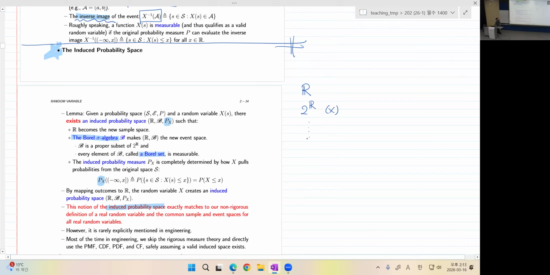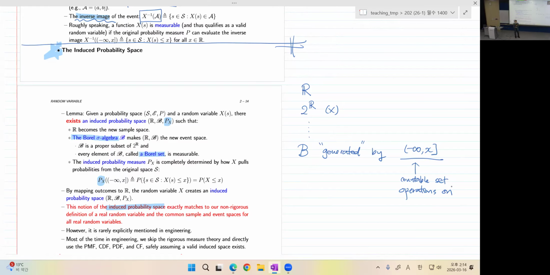And then we may construct a lot of sigma algebras, but what is important is that we want to have a single very, very useful sigma algebra that is generated by very simple sets. And the Borel sigma algebra is interestingly generated by, again, this term is very measure theoretic, but anyway, this type of intervals, which means that by applying countable set operations on possibly countably infinite number of half-infinite intervals, you may construct every Borel set in the Borel sigma algebra, and these Borel sets are all measurable.